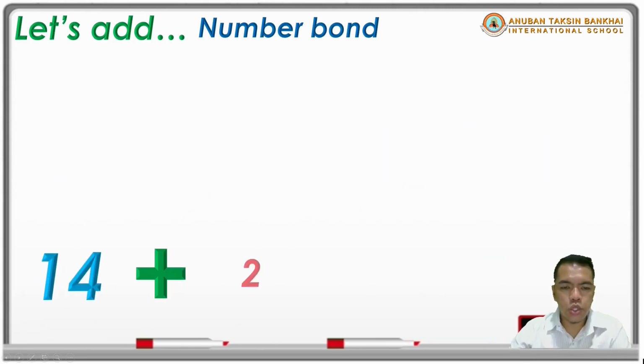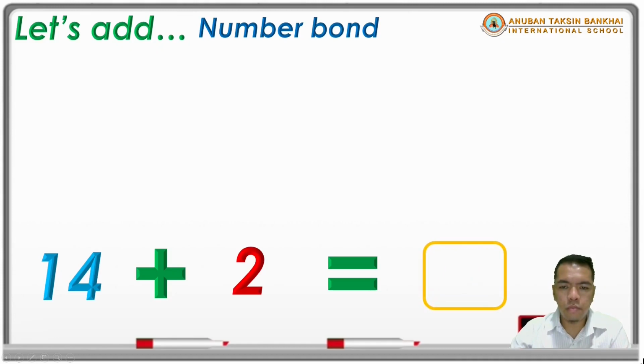14 plus 2 is equal to blank. 14 plus 2 is equal to how many? Count on. 14, 15, 16. 14 plus 2 is equal to 16. We can use also number bond in finding our sum.